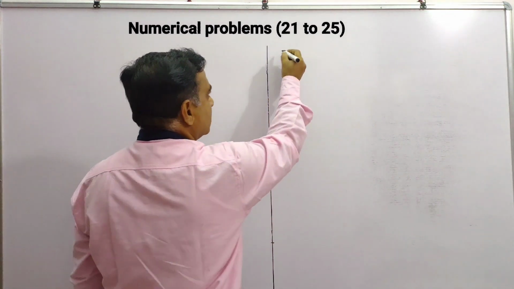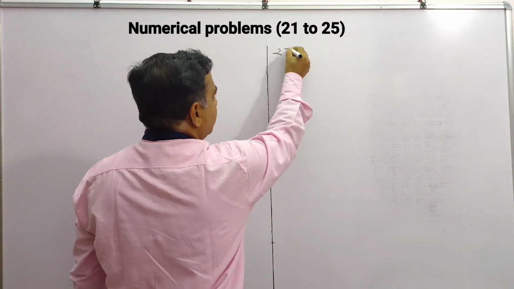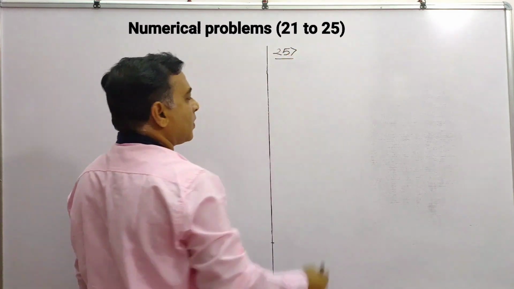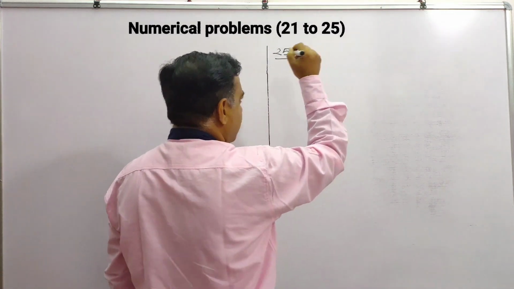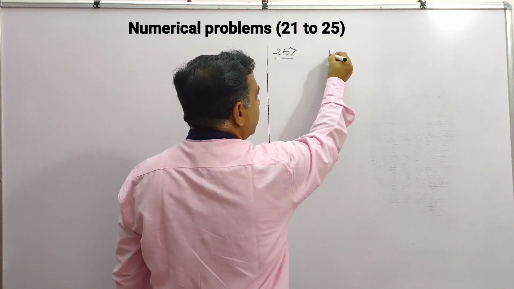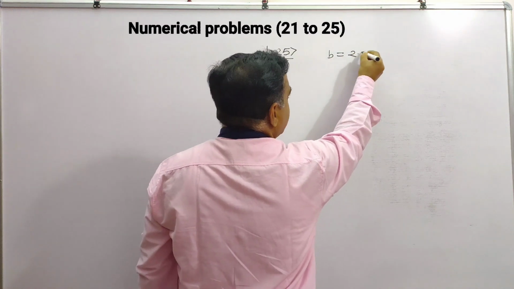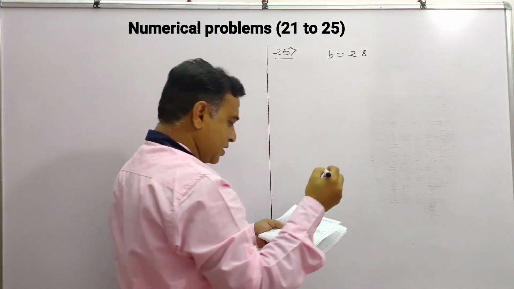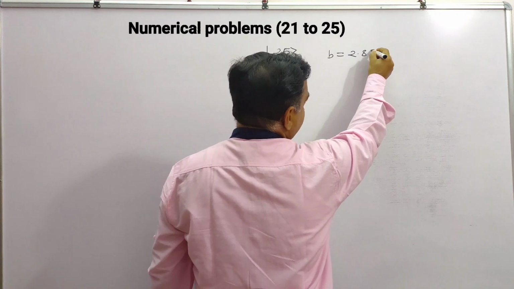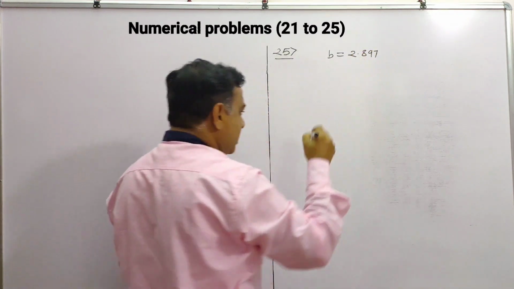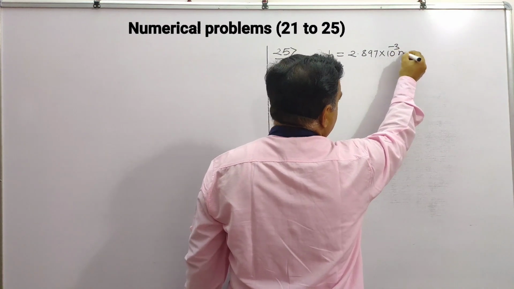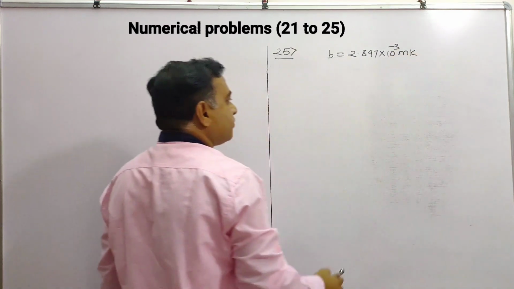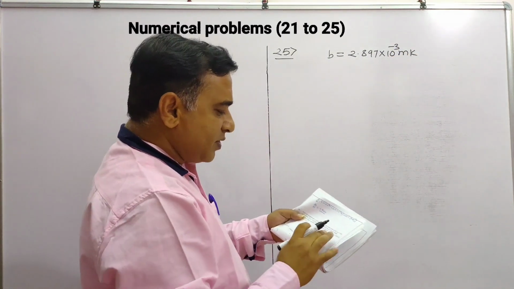Let us start. Here it is 25. What exactly is given? The B value, 2.897 into 10 raised to power minus 3 meter Kelvin, which is given. What about the different wavelengths which are given?